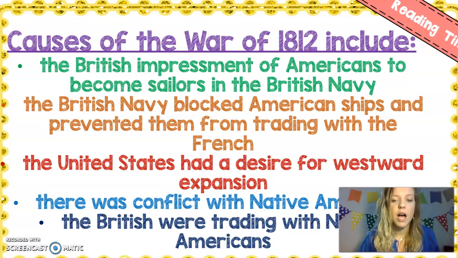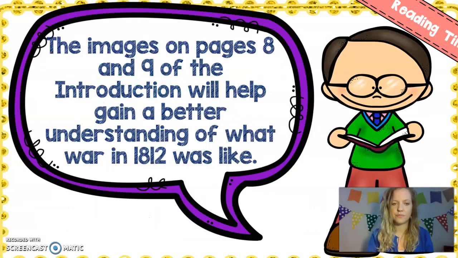The British Navy blocked American ships and prevented them from trading with the French. The United States had a desire for westward expansion. There was conflict with the Native Americans, and the British were trading with Native Americans. So these are all kind of what led to the War of 1812.